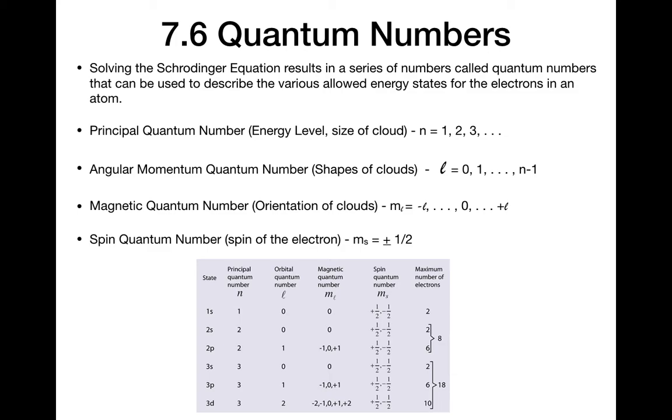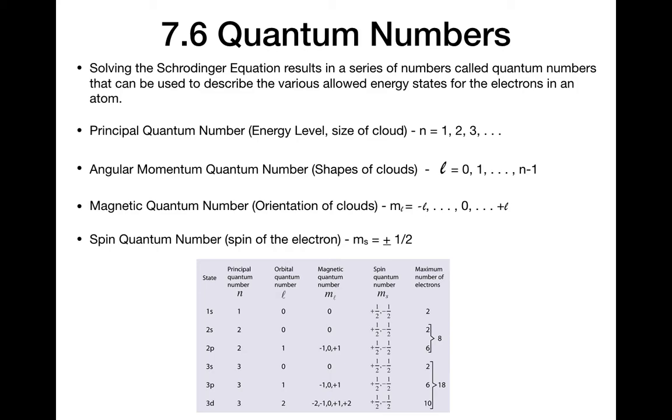For the second energy level, L equals 0 or 1. For the third energy level, it equals 0, 1, or 2. So any particular energy level has the same number of sublevels as its energy level number. The fourth energy level has 4 sublevels, and the fifth energy level has 5 sublevels, and those are given the values 0, 1, 2, 3.